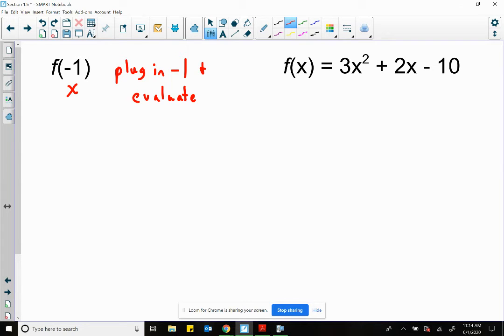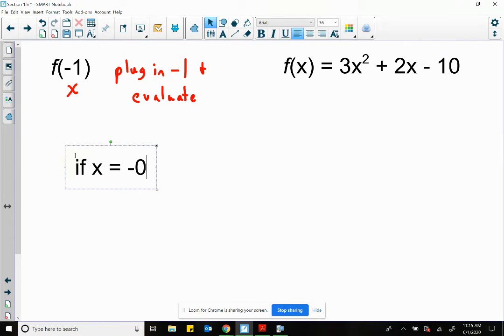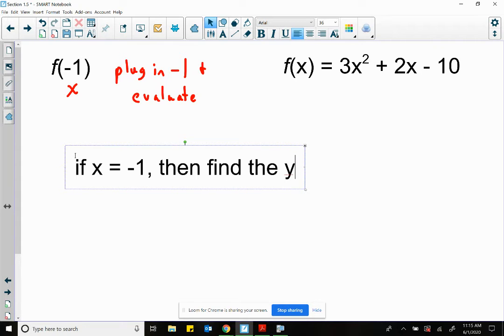Okay. Whereas if I was going to write this out, usually the directions would look like this. If X equals -1, then find the Y value.